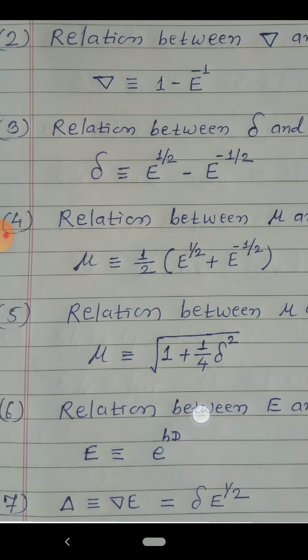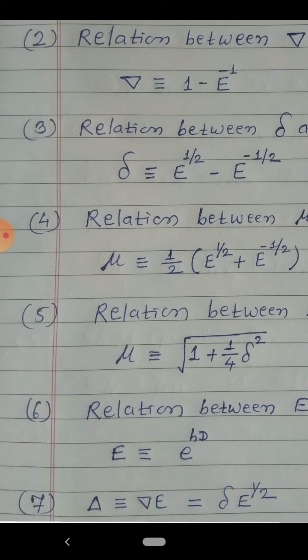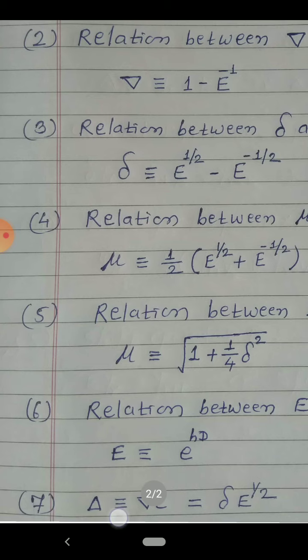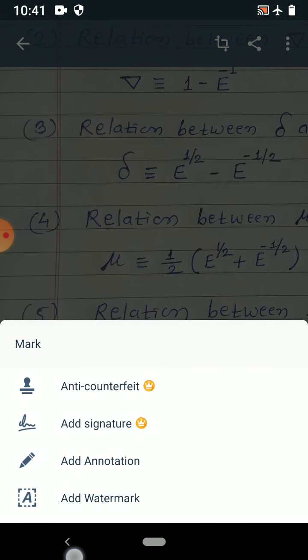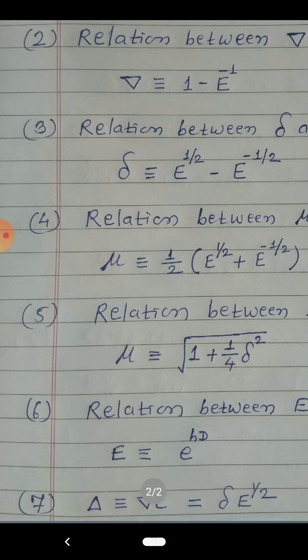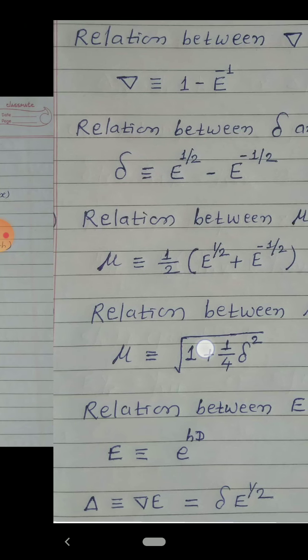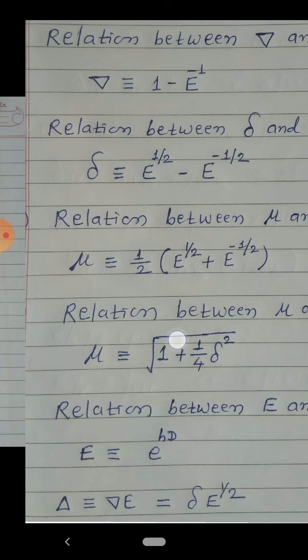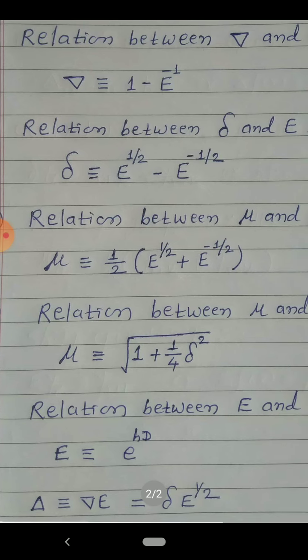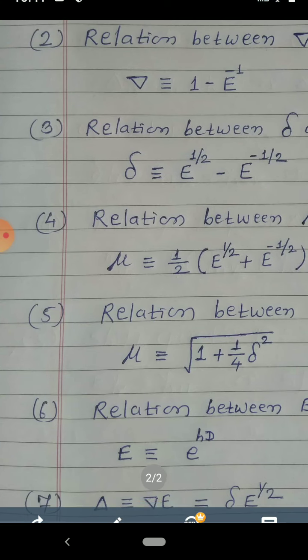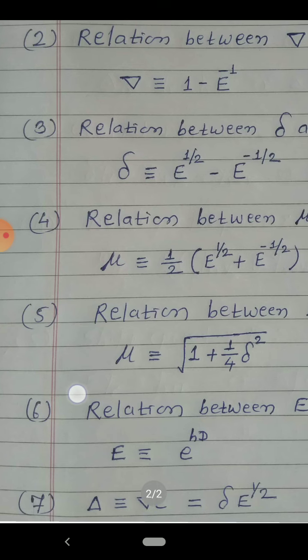And one more relation, among three operators: delta is equivalent to del E, or delta is equivalent to small delta e raised to half. Actually, in this expression 7, there are three relations.